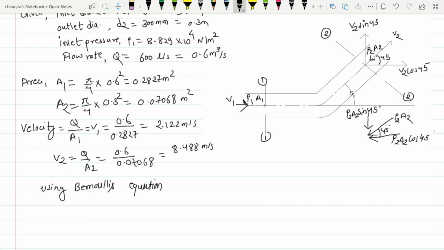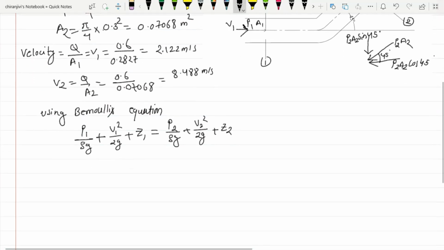Using Bernoulli's equation, we can write P1 upon rho g, which is pressure head at section 1, and V1 square upon 2g is velocity head at section 1, and Z1 is the datum head or elevation head. Similarly, at section 2, P2 upon rho g plus V2 square upon 2g plus Z2. Here Z1 and Z2 elevation at section 1 and 2 is not given, so we can assume here horizontal pipe.